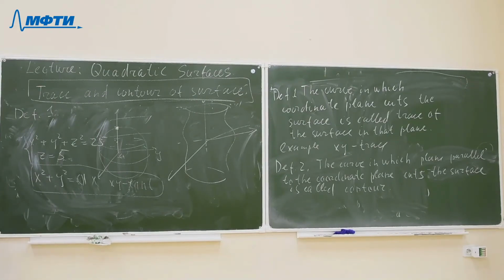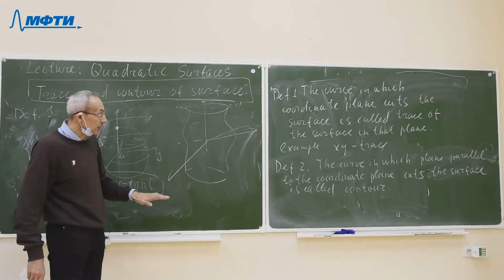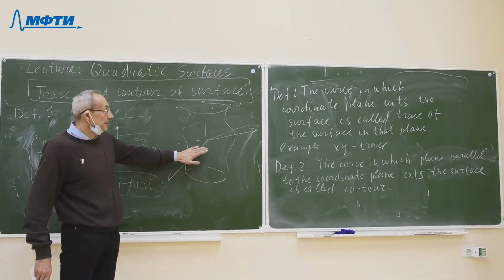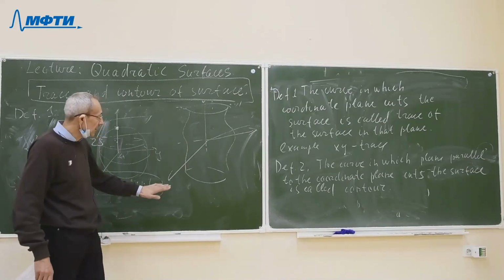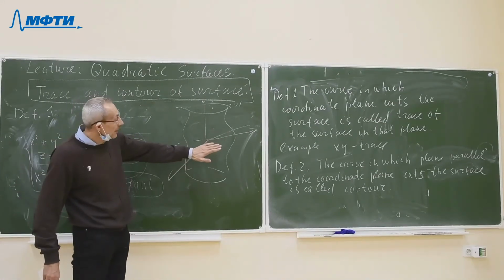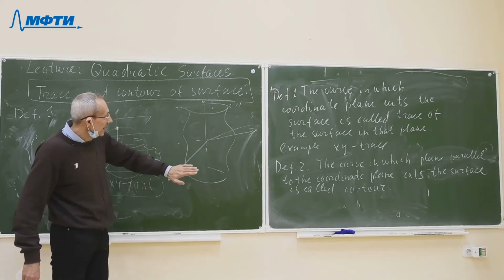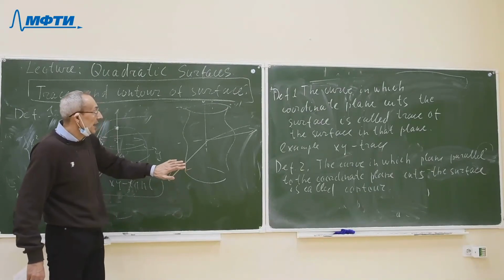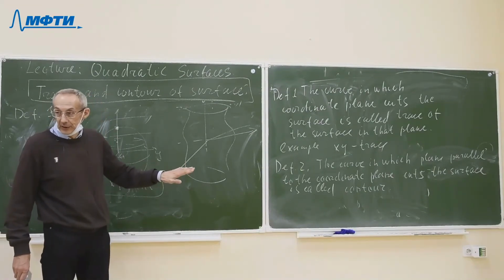Sorry, I understood what the trace means, but I didn't understand the contour. The difference between contour and trace? Yes. The trace is the curve cut by the coordinate plane. But the contour is cut by a plane which is parallel to the coordinate plane.